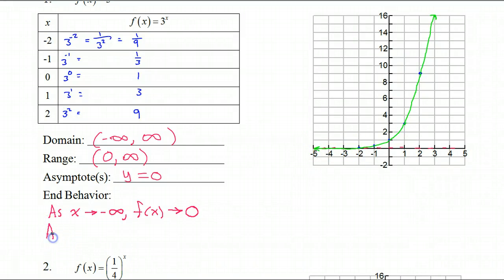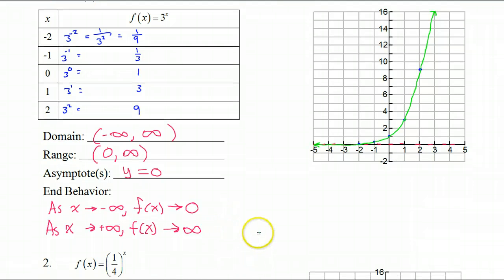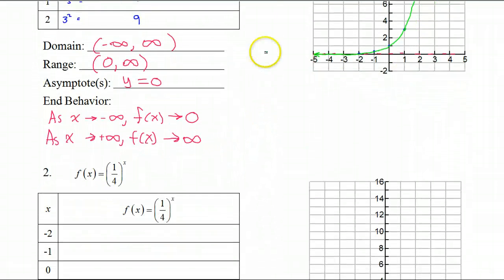Now, as we slide to the right, or as x approaches positive infinity, the function approaches, well, let's see, as I slide to the right, it just goes up, up, up, up, up, into the sky. So that's going to be positive infinity. So that's my end behavior.